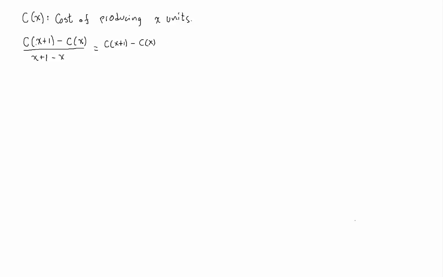If you look at this expression, this is the slope of a secant line, and it can be approximated by the slope of the tangent line. So the derivative of the cost function at x is going to tell you roughly what is the cost of producing one extra unit once you're at a level of production of x units.